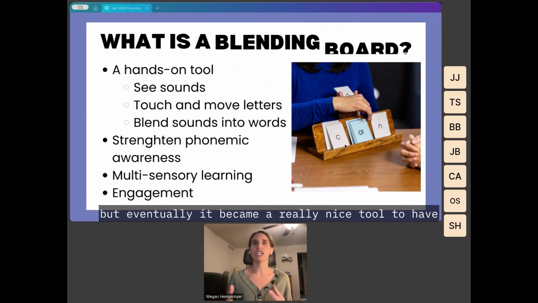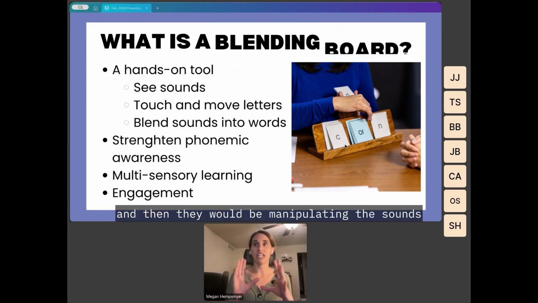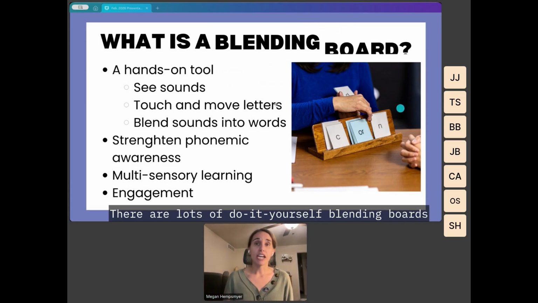But eventually it became a really nice tool to have. They would do it alongside with me, whole group, and then also in small groups. So I would have the word projected, and then they would be manipulating the sounds and blending alongside with me too.